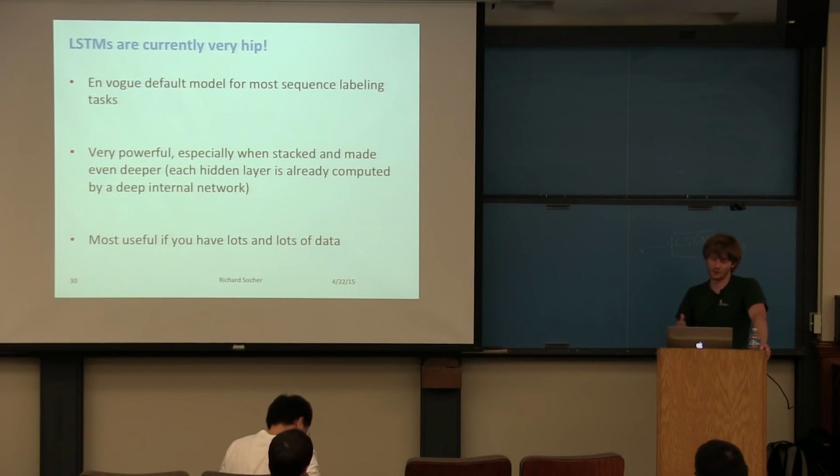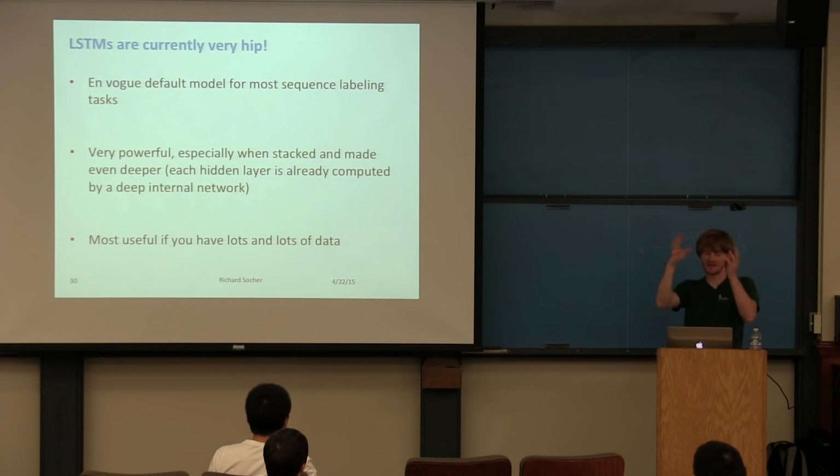In fact, they're so powerful, they now have been extended also, and Kai Sheng, who's a master's student right now with Chris Manning, and we had submitted a paper just recently where we use LSTMs for different kinds of structures that aren't just recurrent. They're actually recursive, which we'll talk about in the next lecture. But generally, LSTMs are very powerful, especially when stacked.